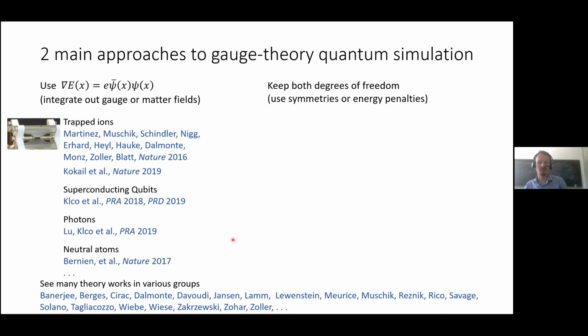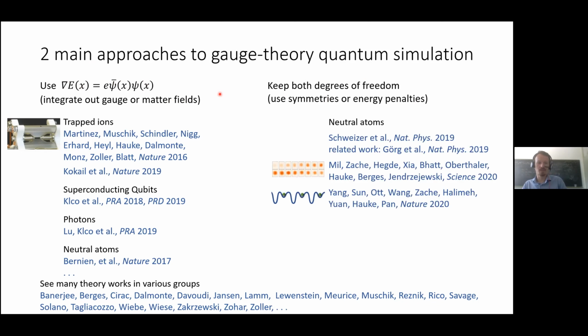Yeah, but in these cases you have lots of possibilities to tune the unitary, especially, for example, in the trapped ions and superconducting qubits. But there's the second approach, where instead we keep both degrees of freedom, the electric field and the matter field, and we don't remove these additional configurations a priori, but then we need to make sure that dynamically the system remains only in the good subspace. And for this, one can use certain symmetries or energy penalties or combinations.